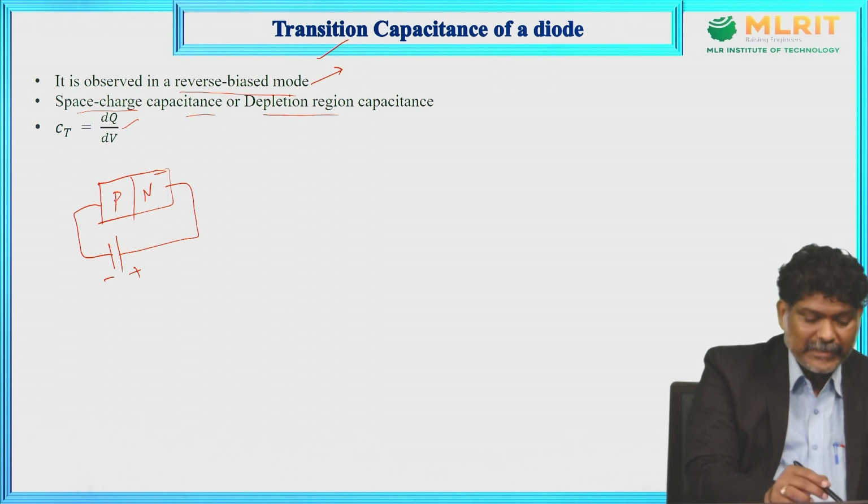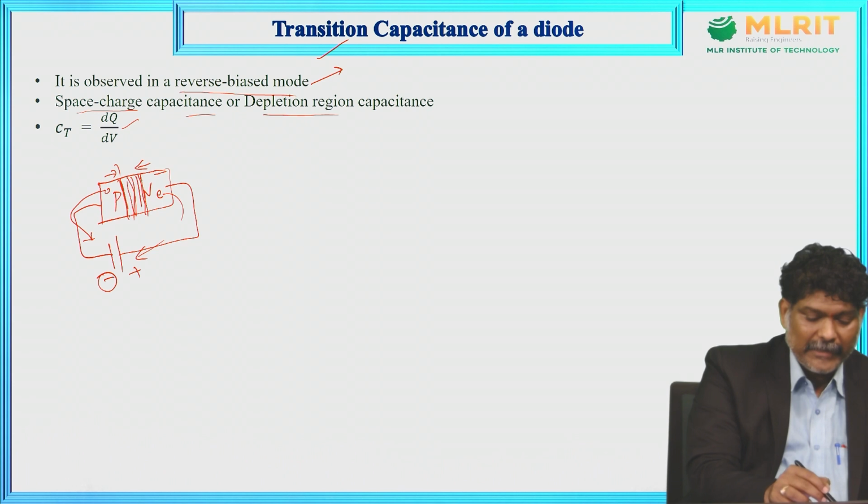In such a case, the depletion width will be increased, because the positive holes are attracted towards the negative terminal of the battery, and the electrons in the N type material are attracted towards the positive of the battery. So the depletion width will be increased.